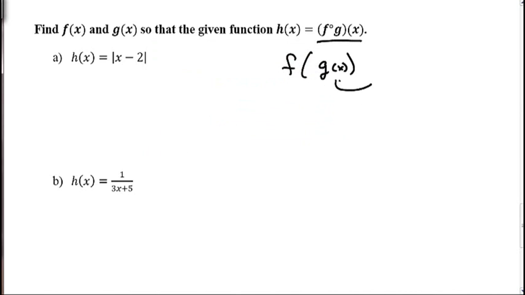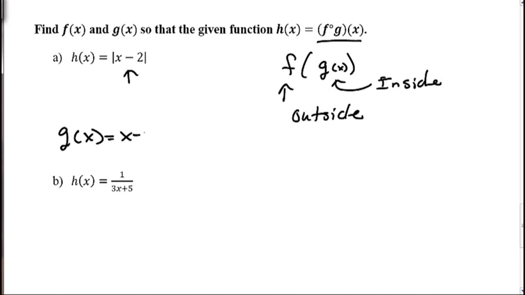So you would want to think of this g of x function as being inside, and the function f as being outside. Well, what's inside here? I would say x minus 2. So I would say that g of x is x minus 2.